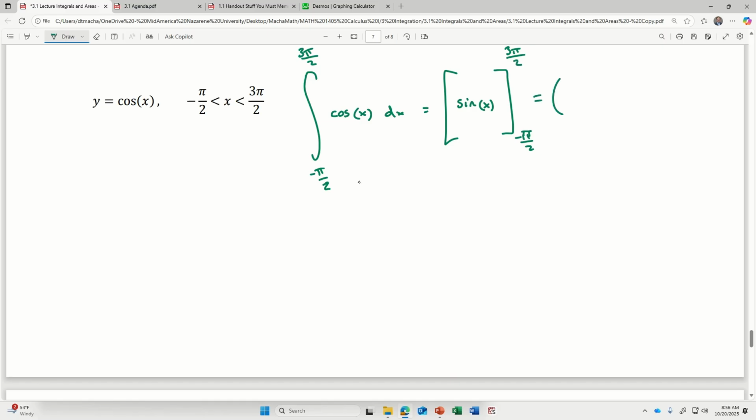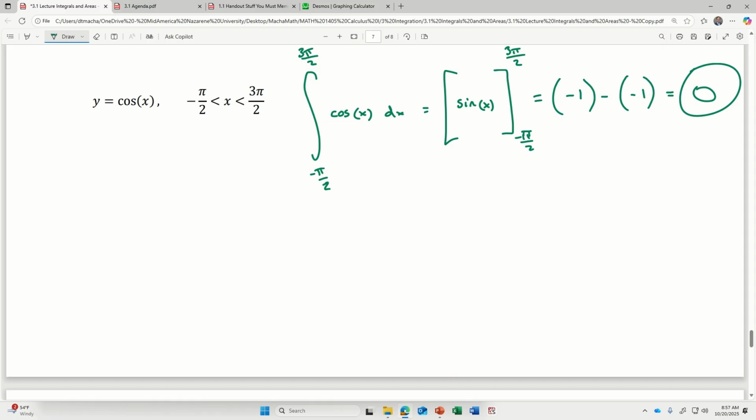What is sine of 3 pi over 2? Negative 1. What is sine of negative pi over 2? We just did this one. It's negative 1. So what's negative 1 minus negative 1? 0.